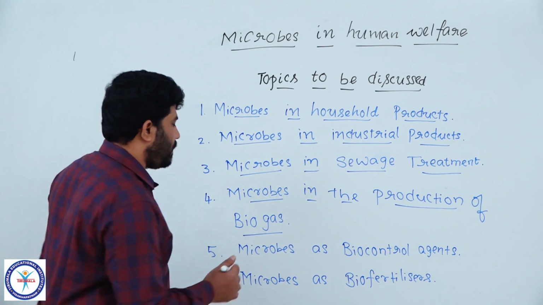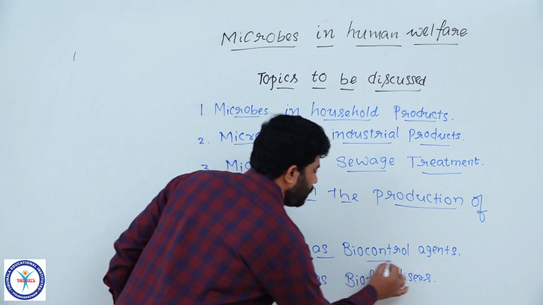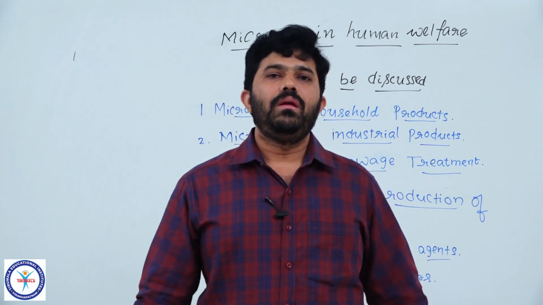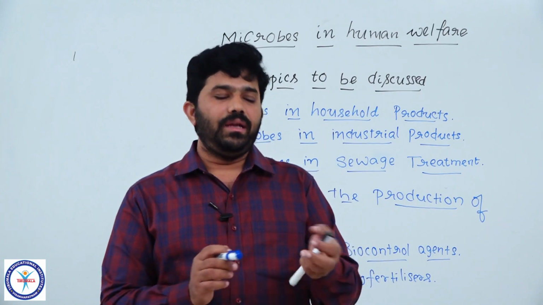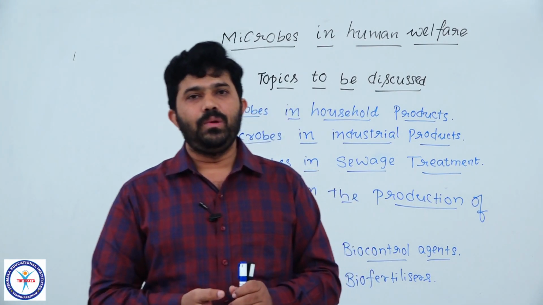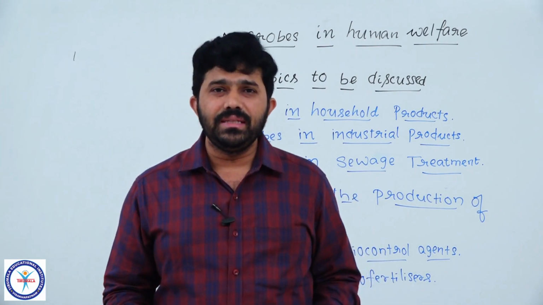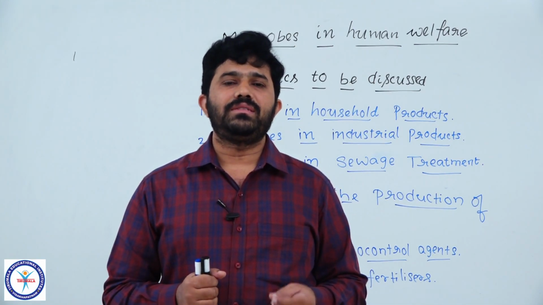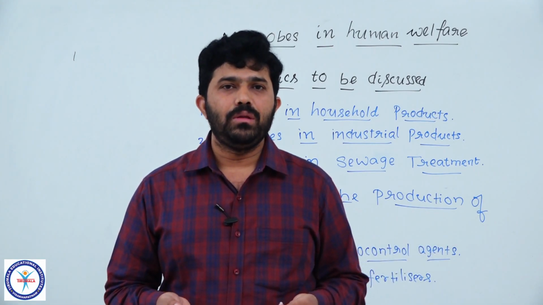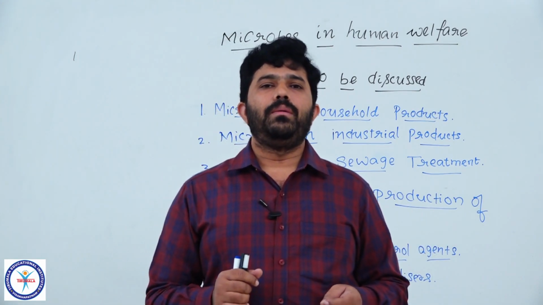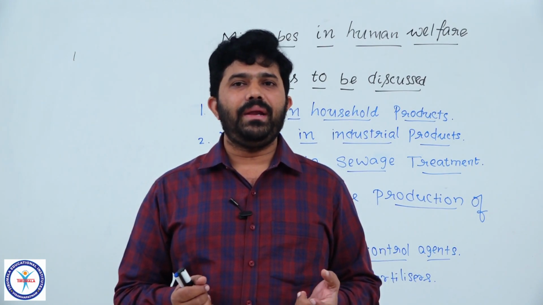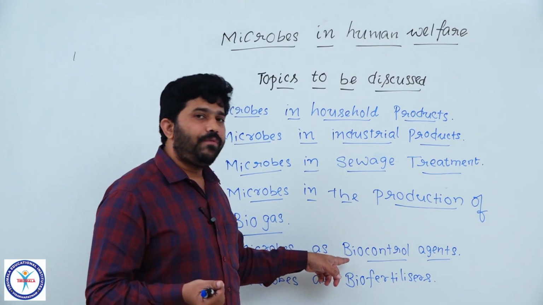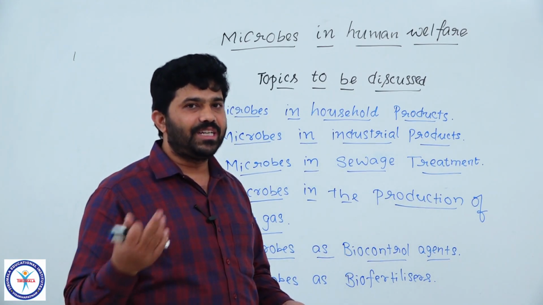Next, microbes as biocontrol agents. What are biocontrol agents, dear students? Farmers, everywhere, do their duty of giving food to all of us. But this cultivation may not give sufficient food to the farmer himself, though he is making food for us. Crops are generally infected by so many pests, insect pests.